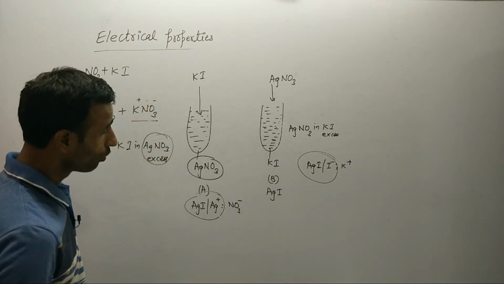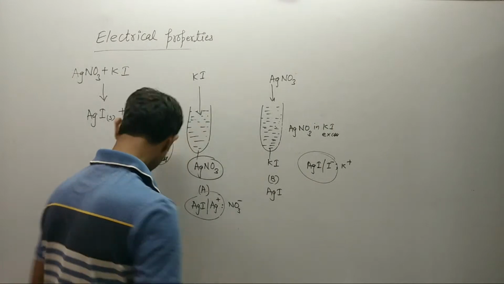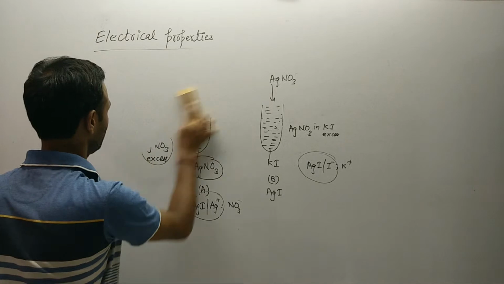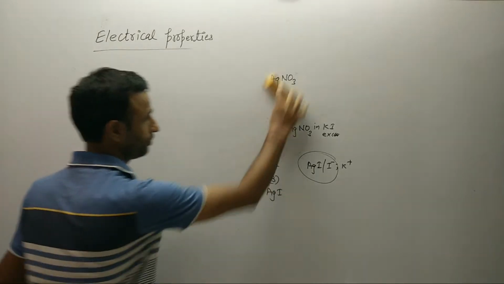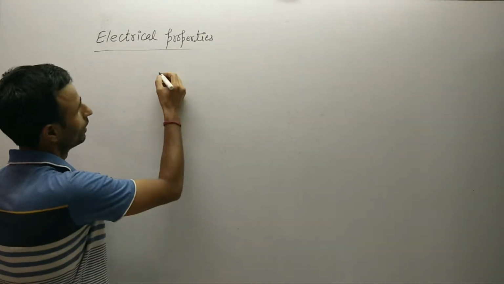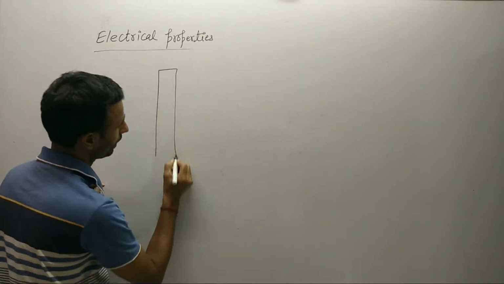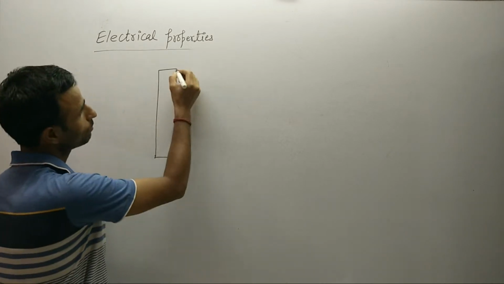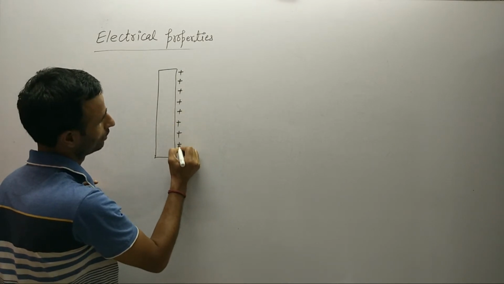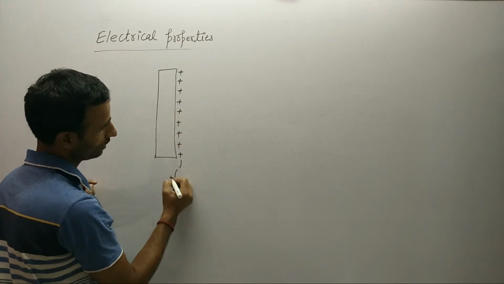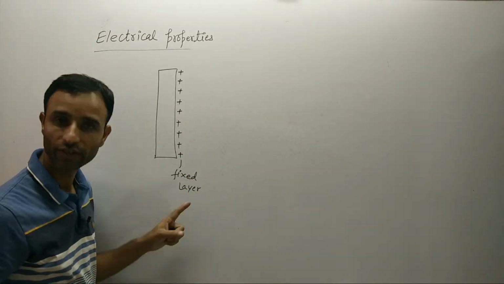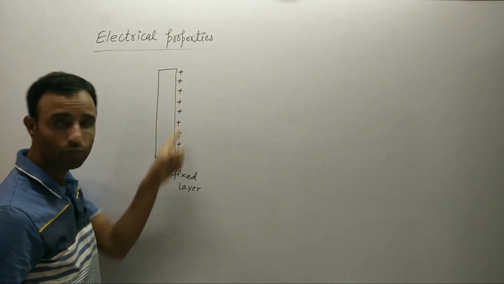So let us say this is the colloidal particle and it is positively charged. This one is the fixed layer.